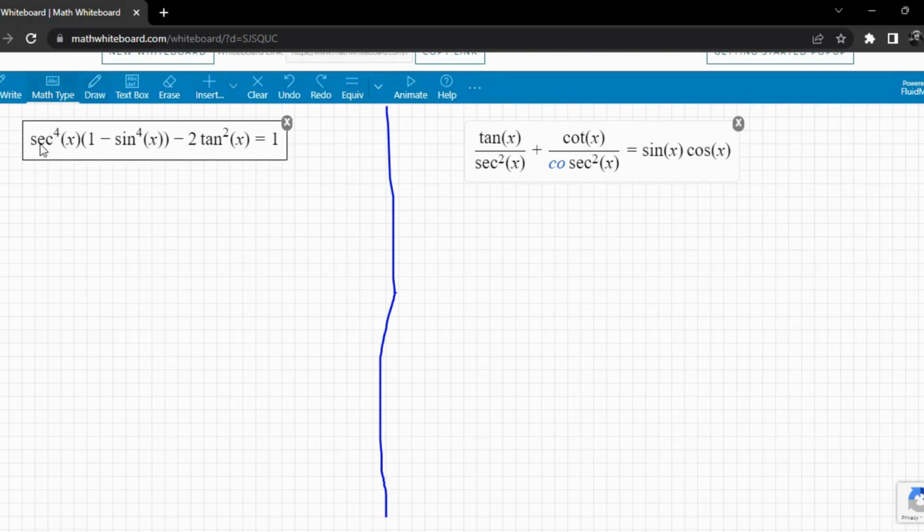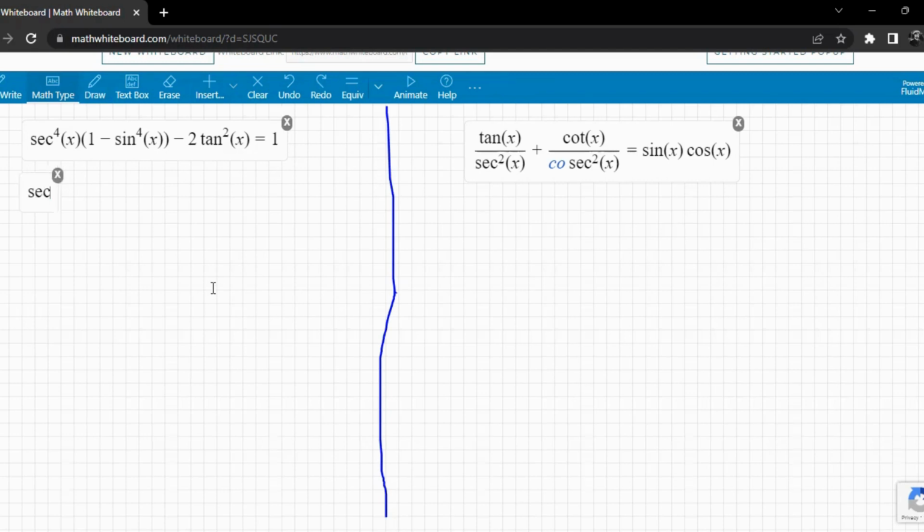So as we see, it's secant x to the power of 4 times 1 minus sine to the power of 4x, minus 2 tan square x, equals 1. So we could transpose the minus 2 tan square x to the RHS.